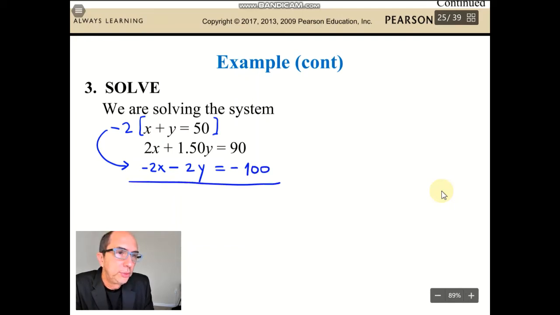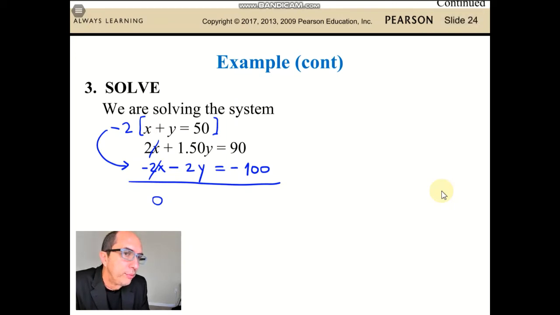Now add these two equations. Negative 2x with 2x is 0. Negative 2y with 1.5y is negative 0.5y. And negative 100 plus 90 is negative 10.